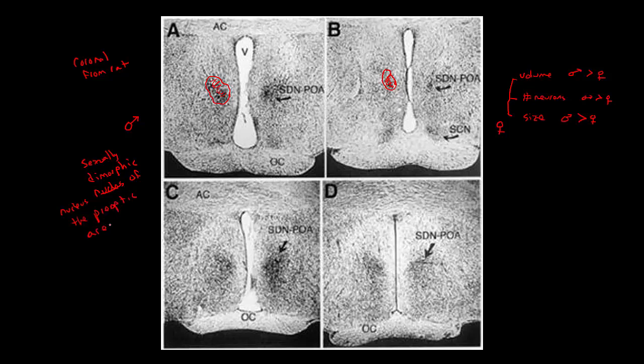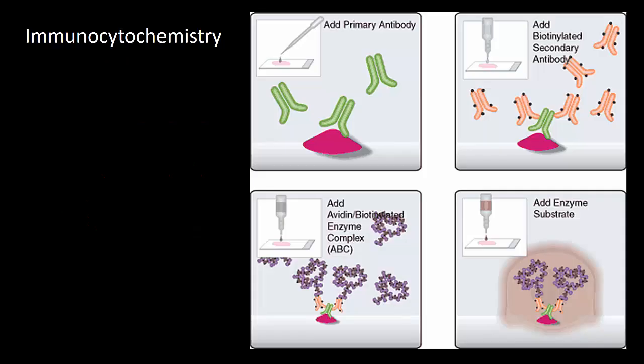You can see why we call it SDN. And really, we should also add of the hypothalamus. We can see that it's larger in males than females. And if we're going to look for function, it might be a place where we want to look at behaviors where males and females differ, because the volume of the nucleus is different between the two. That's something we can do with Cresyl Violet staining.